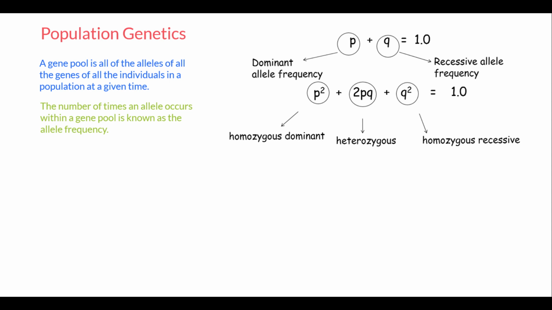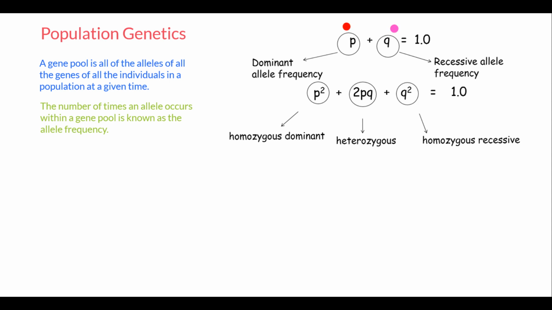So the Hardy-Weinberg equation is divided into two, as you can see on the right hand side. The initial equation looks at the dominant allele frequency, p, plus q gives us the frequency of 1. Now q being the recessive allele. Now all this means is that it's just looking at the dominant allele or just looking at the recessive allele.